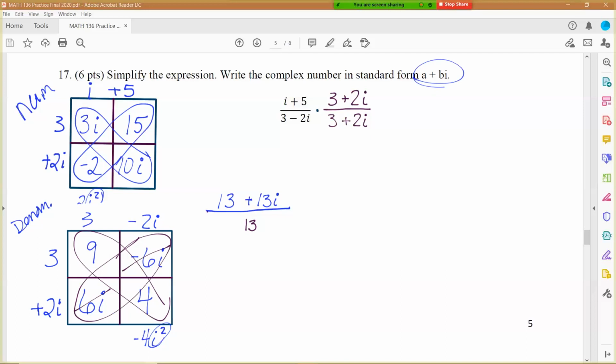So on your test, you would write, if it didn't simplify, which I don't think it does on your test, 13 over 13 plus 13i over 13, which in this case, then you would have to reduce them to 1 plus i or 1 plus 1i, depending on how you want to write it. But on your test, you're probably going to keep it like this. You'll have numbers that don't reduce. So if I just change the denominators to 12s or whatever it had to be.